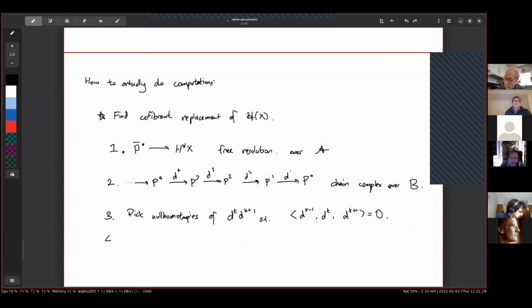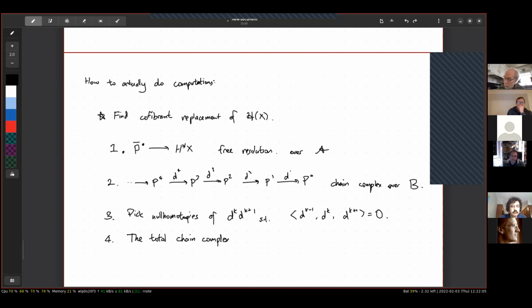And then after you've done this, we compute the total chain complex. Once we have these null homotopies, we can assemble them into a total chain complex. Because each of these terms is a chain complex, you just put them next to each other, and then you have maps, and these homotopies will also show up.